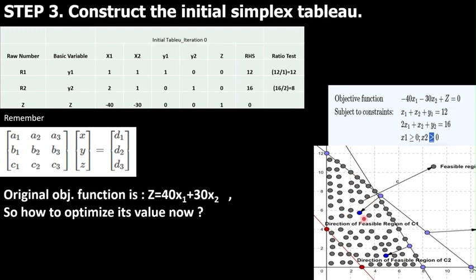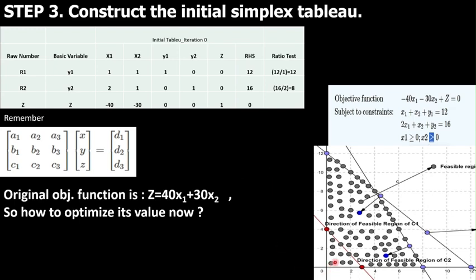So we have 4 corner points, and as per the convexity theory in linear programming, the solution must lie on one of the corner points. The simplex method does this automatically, because when we choose the basic variables, we define two variables with 0 value and 2 non-zero values.